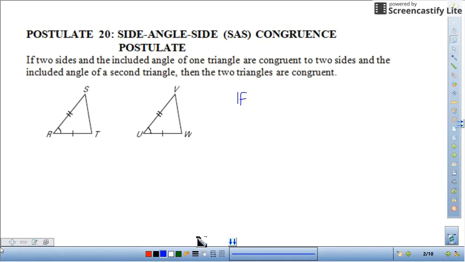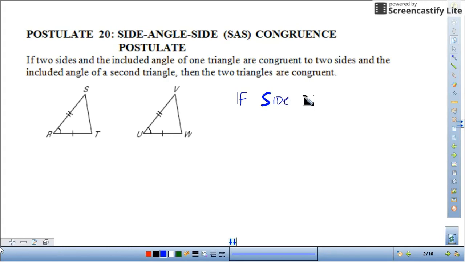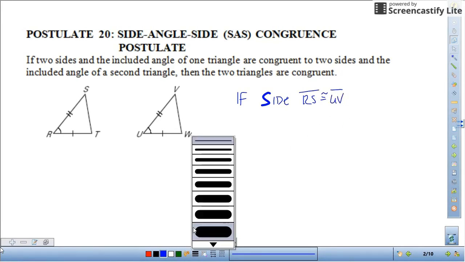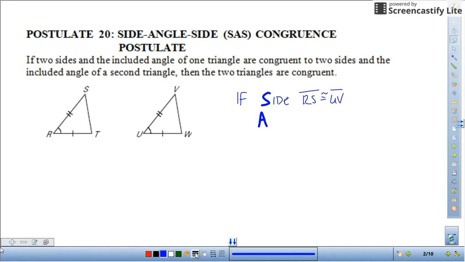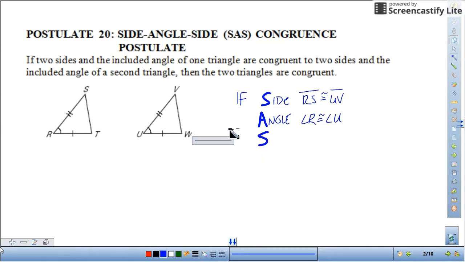So, in this particular example, if side RS is congruent to side UV, and angle R is congruent to angle U, and side RT is congruent to side UW, so we have the sides congruent, the included angle, and the other side that's adjacent to the original side.